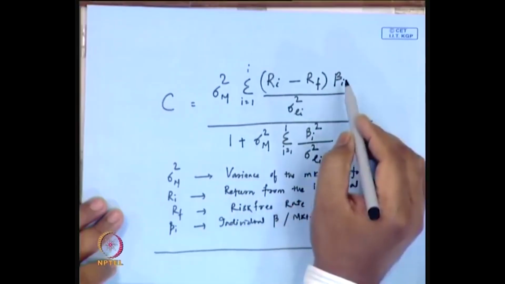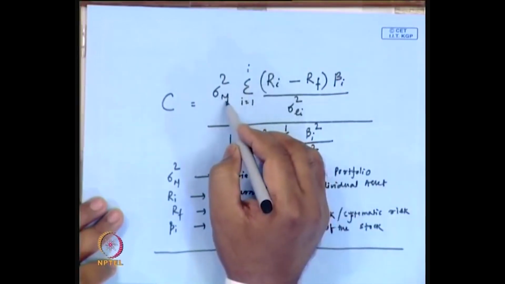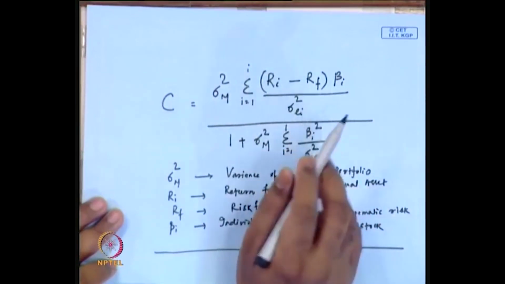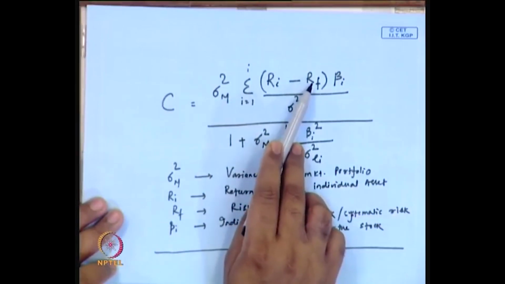Therefore, he has taken the unsystematic risk, the systematic risk of this particular individual asset, as well as the variance of the market. He also incorporated the risk free rate, because as you have already seen, whenever you are taking any extra risk, the return should be more in comparison to the risk free rate of return prevailing in the market at that time.